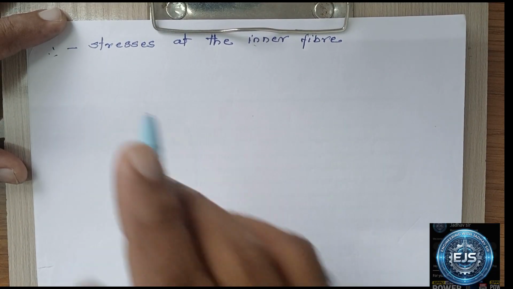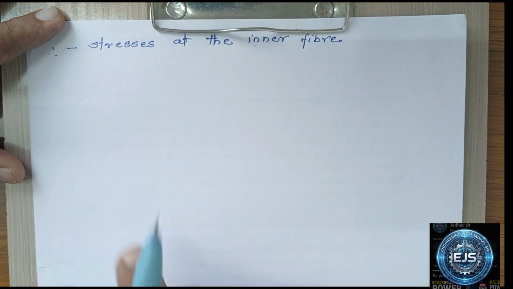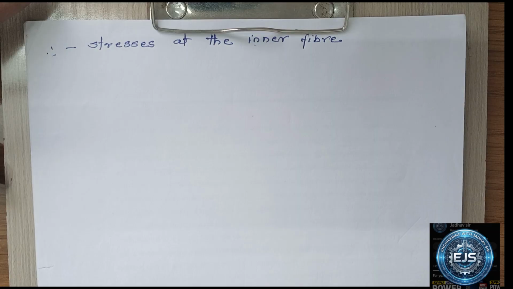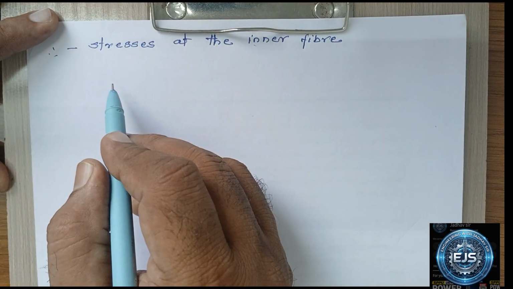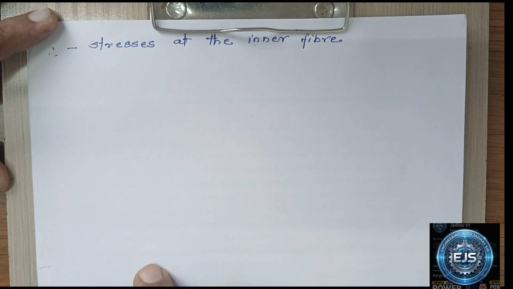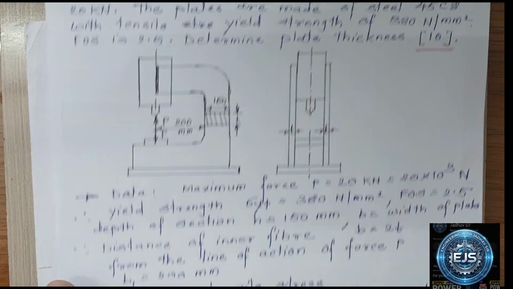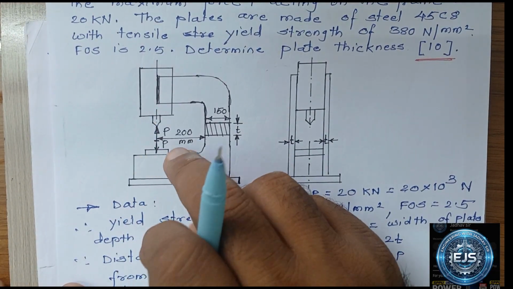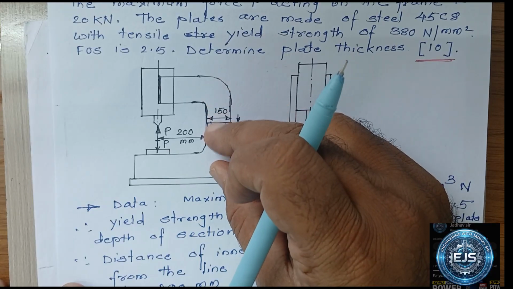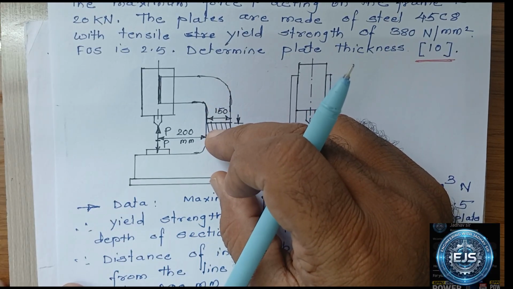Now we have to calculate the direct tensile stress acting on this inner section or inner fiber. There are two types of stresses acting at the inner fiber. One is a direct tensile stress, because the load is 20 kilonewton and it is tensile. So when the load acts, the direct tensile stress is developed at the inner fiber.